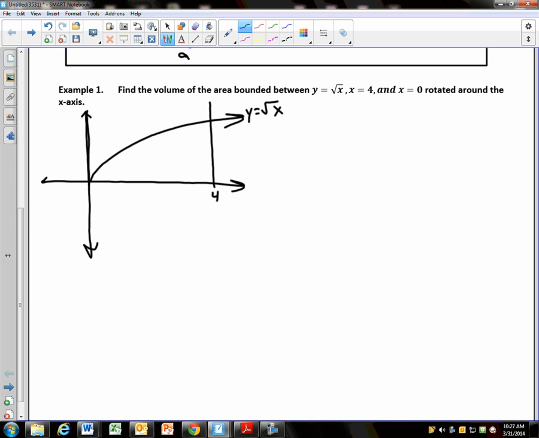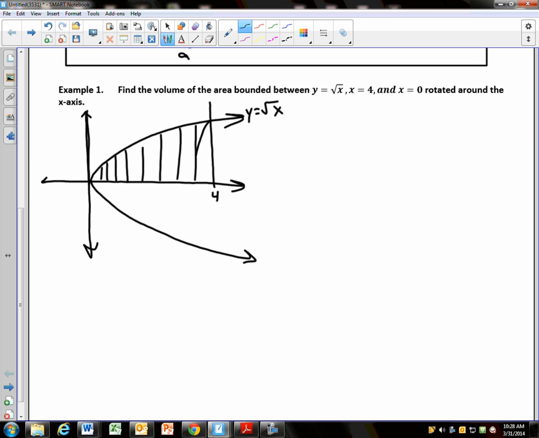So, we'll talk about this portion. And we're going to revolve it. We're going to rotate it around the x-axis. So, I'm going to draw that same type of shape.